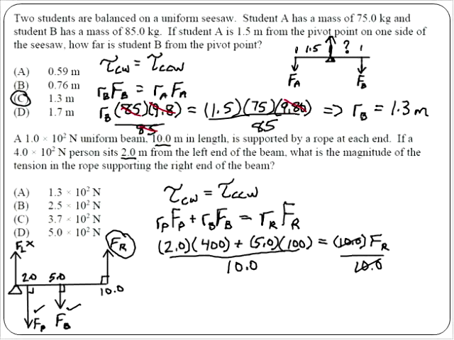That would cancel those out, and the force on the right would work out to be 130 newtons, which is, in scientific notation, 1.3 times 10 to the 2. So there's a couple of pretty typical torque problems. But we're going to look at a number of these just to make sure you got the hang of it.